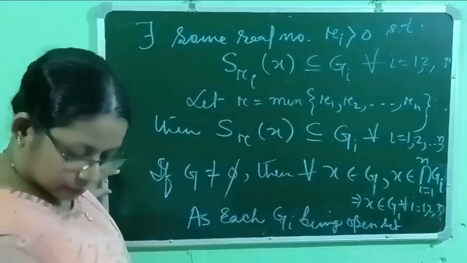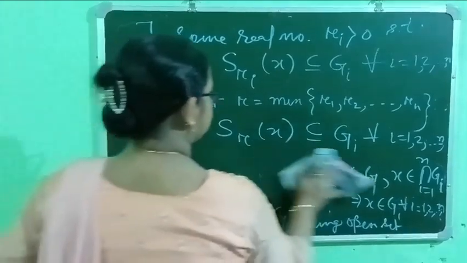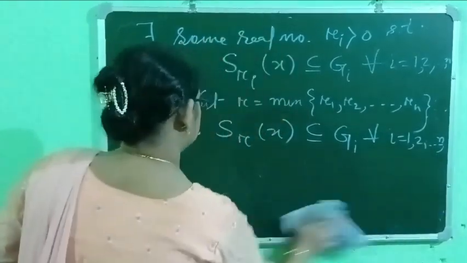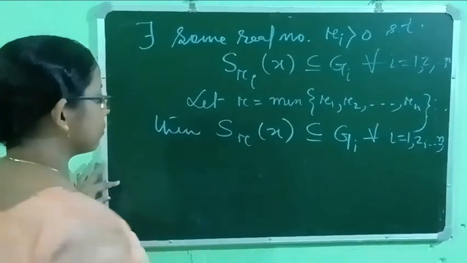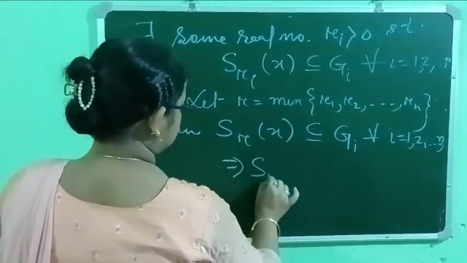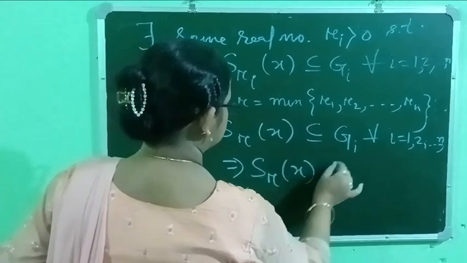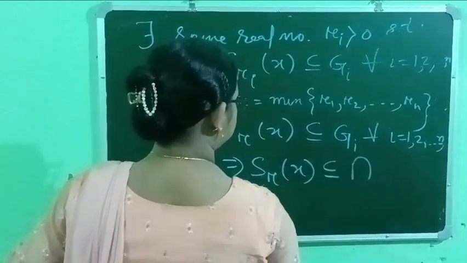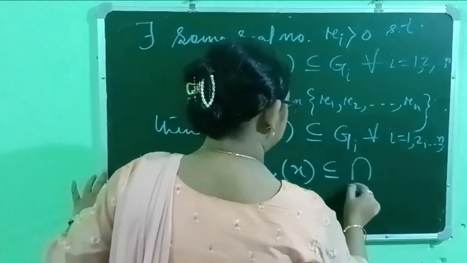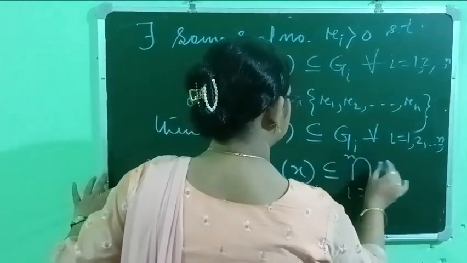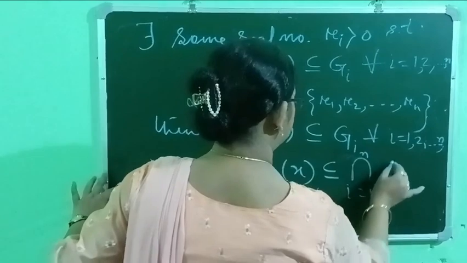That means S_r(x) is a subset of the finite intersection of Gi.